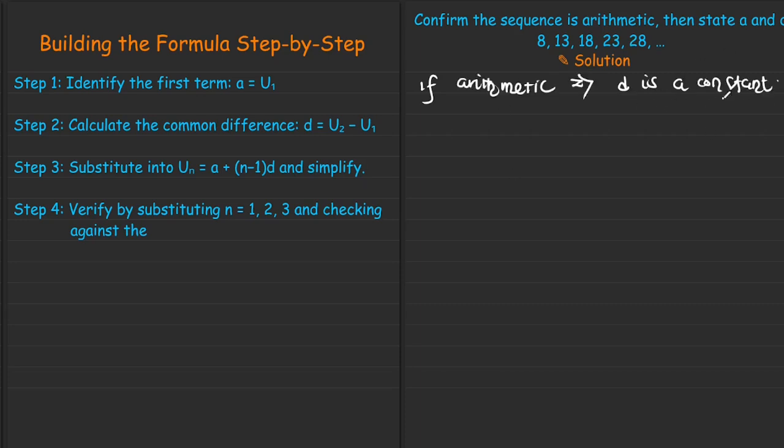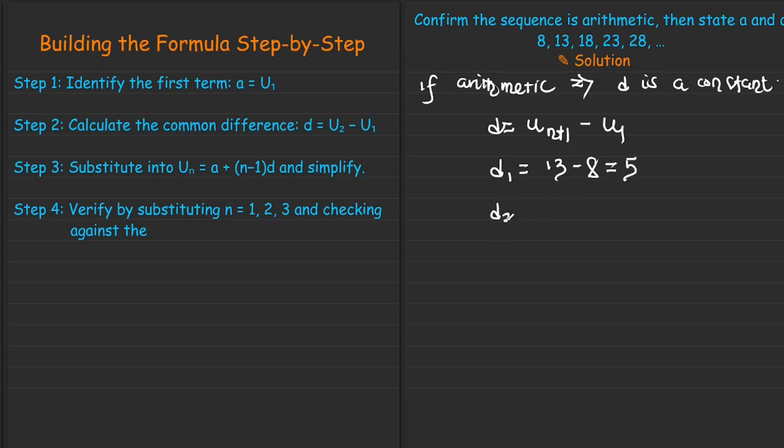So we build from this idea, and we know D is calculated by what? The (n+1)th term minus the nth term. So let's name the first D we want as D1. That is going to be 13 minus 8, which obviously gives us 5.